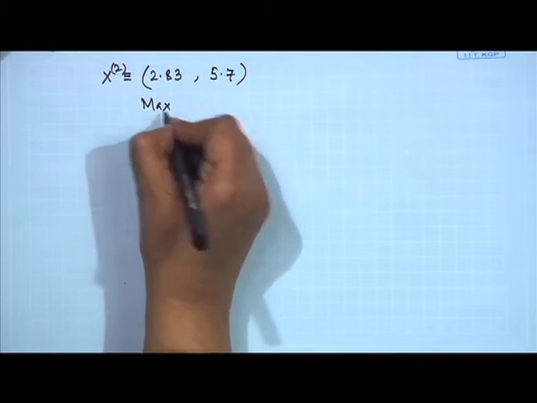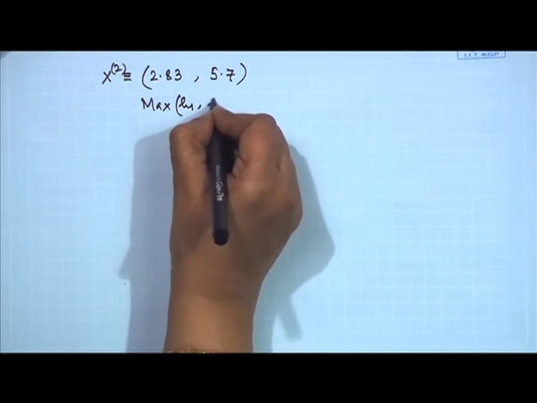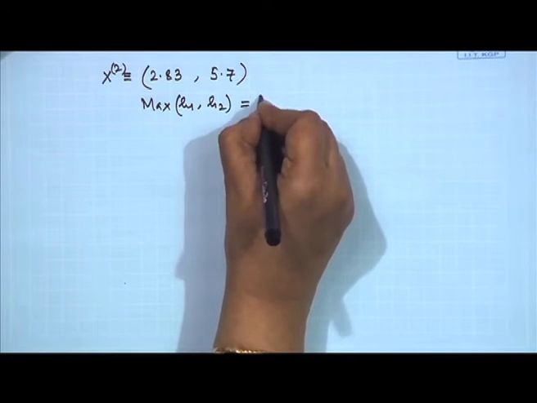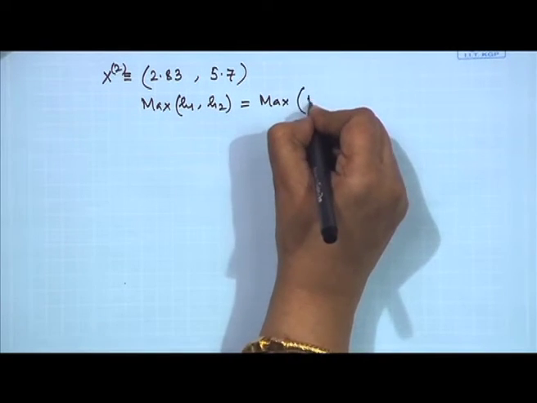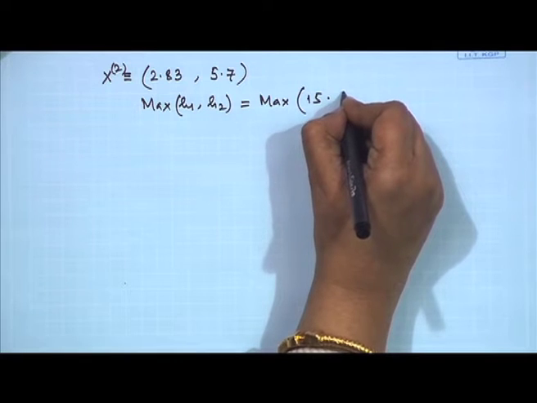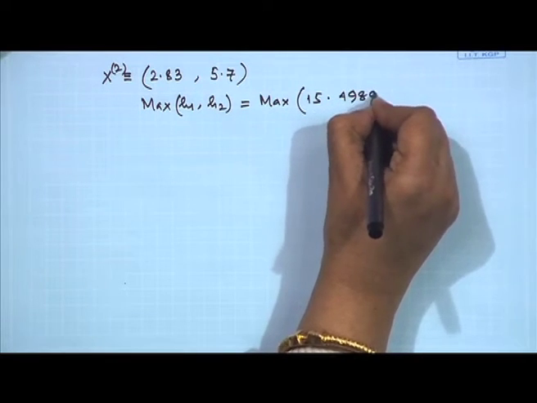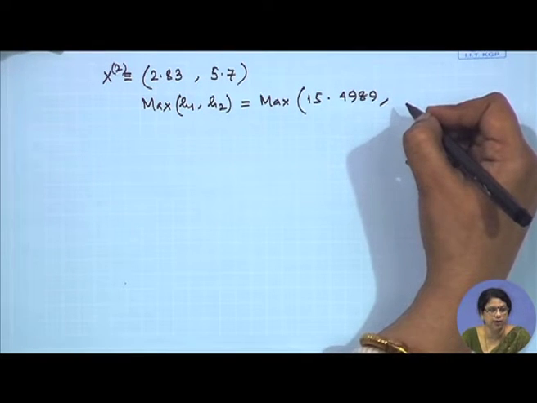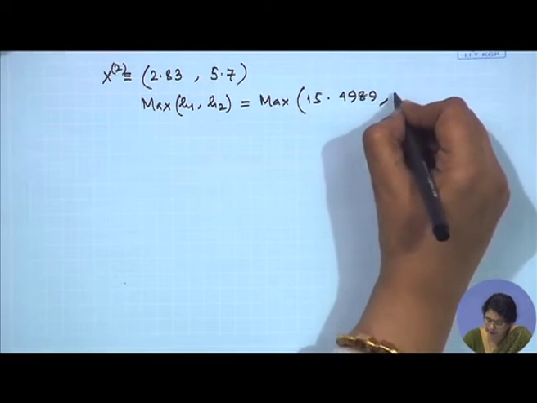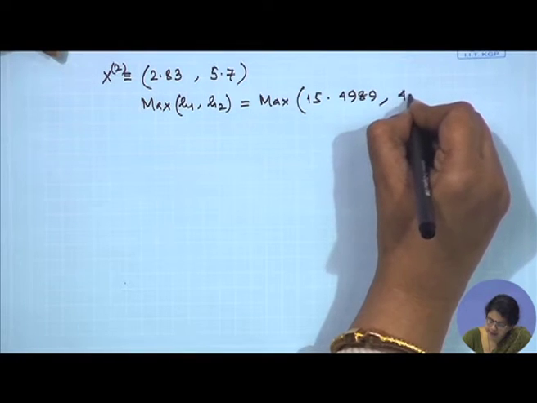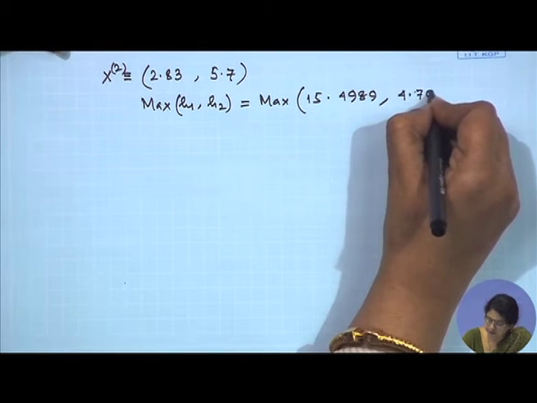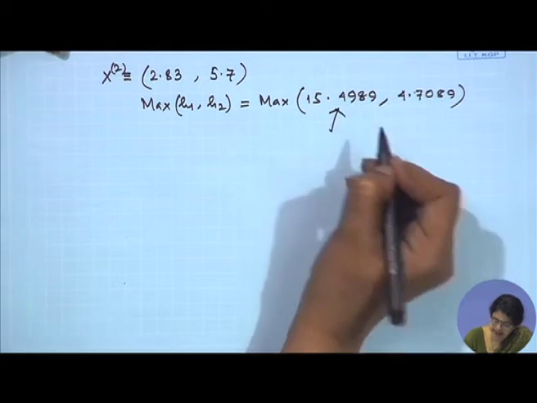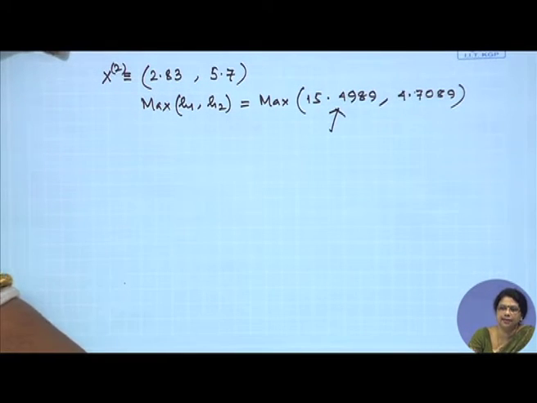Again we will find the maximum of h1(x) and h2(x) at point x2. The value will come as the max of 15.44989. I suggest you calculate all these values on your own, since some calculation variations may be there. We could see h1 is more violated.